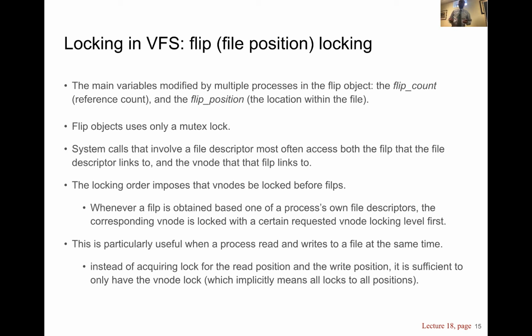Okay, and in this case you are just going to use a mutex lock. So essentially the locking order is going to help us in this case where you basically hold a simple mutex lock, and whenever you have a flip object on a process's file descriptor, you essentially lock the vnode, which implicitly means that the flip object gets locked as well.